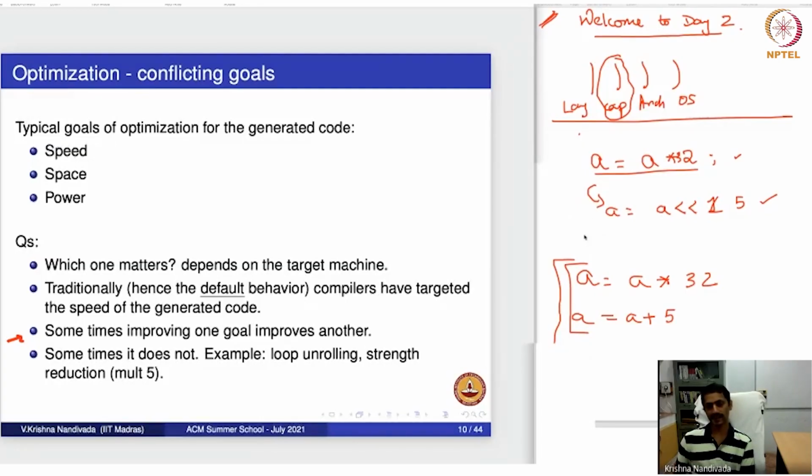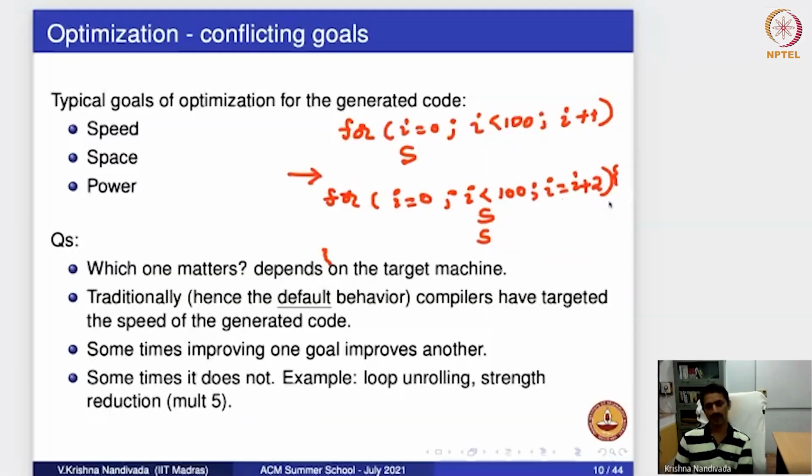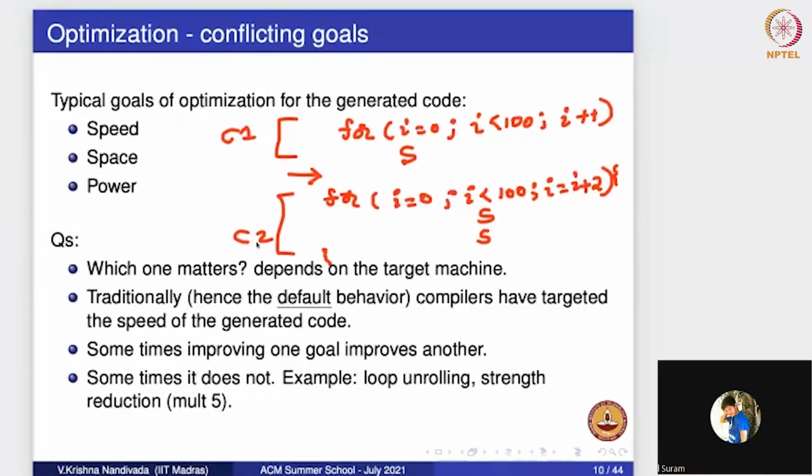Let us say I have a loop, i equal to 1 to 100. Let me write the other way. Between these two codes, what's the difference between code 1 and code 2? Anyone? +1 and +2.